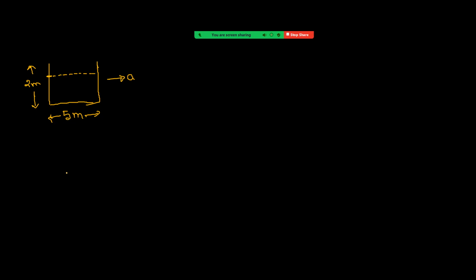So first focus on a vessel which is filled with a liquid like this. When the vessel is at rest, the free surface will be horizontal. Okay. When there is no acceleration, I'm drawing once again here. When the vessel is stationary, the free surface will be horizontal.